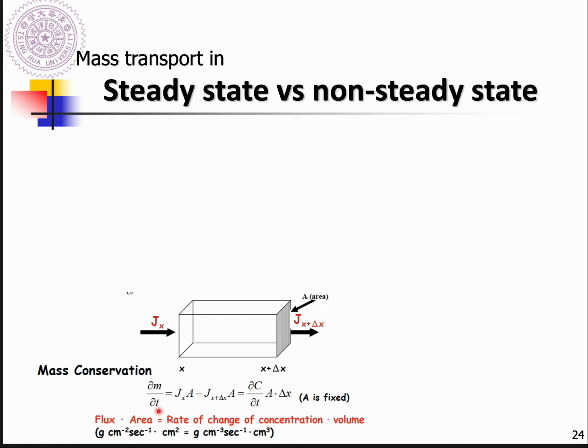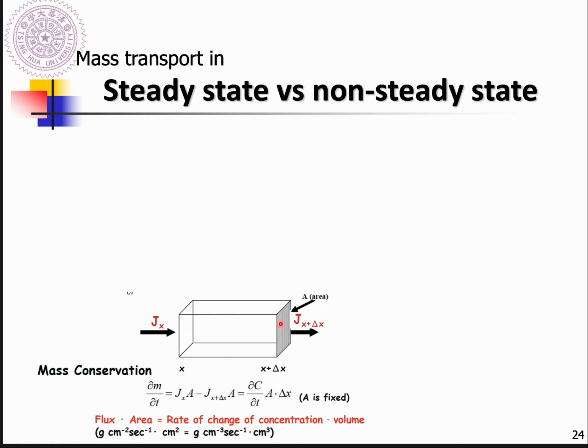Okay, so let's take a look at these figures. Now I have a system, this cube. So what is mass conservation? It means the mass change rate inside this system will equal the mass transport in minus the mass transport out.